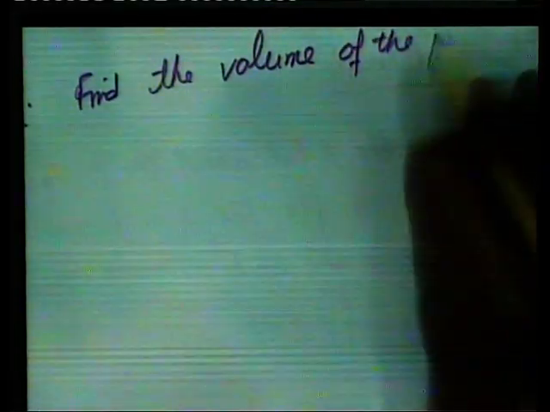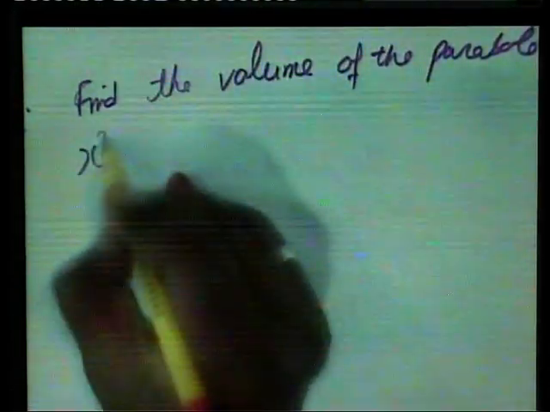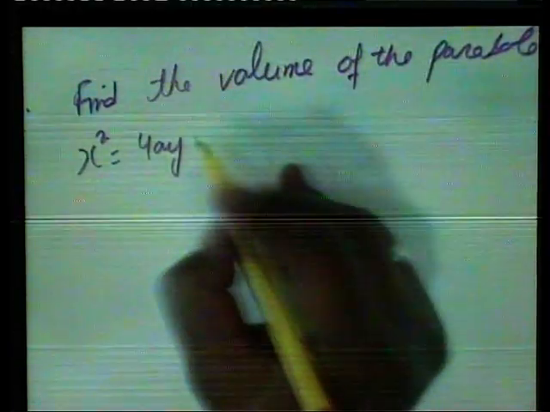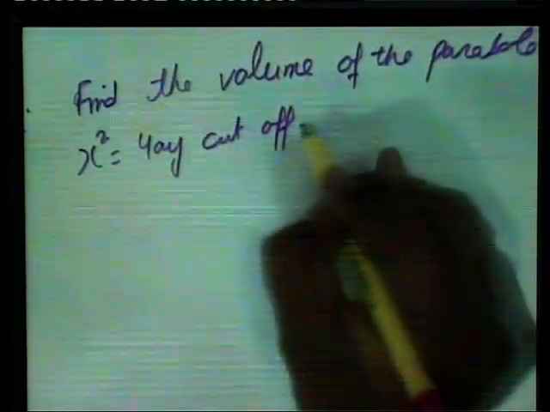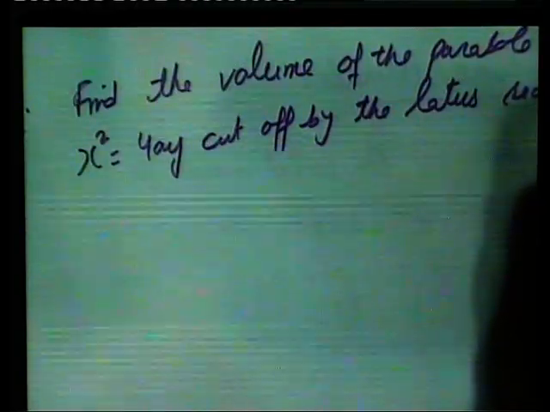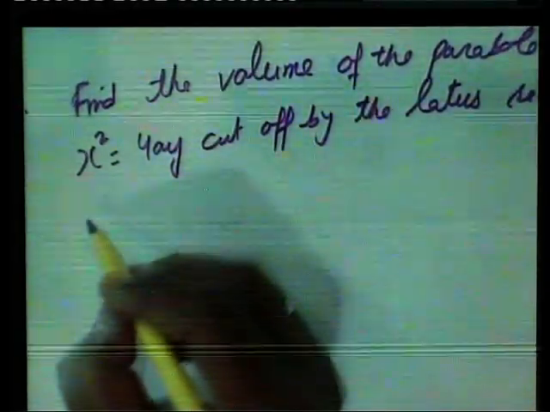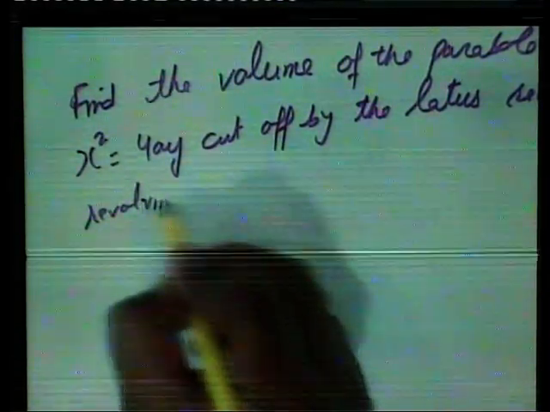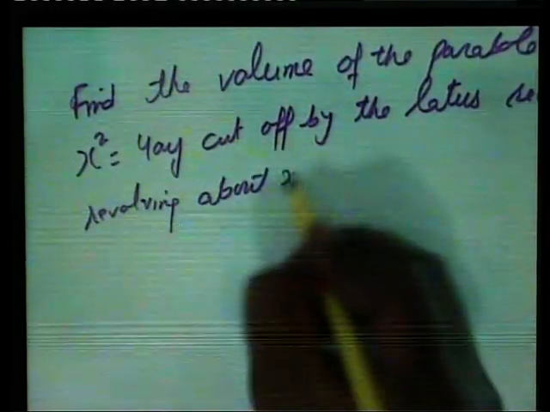Question: find the volume of the parabola x square is equal to 4ay cut off by the latus rectum revolving about x-axis.